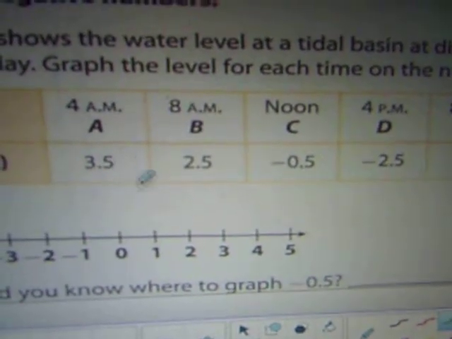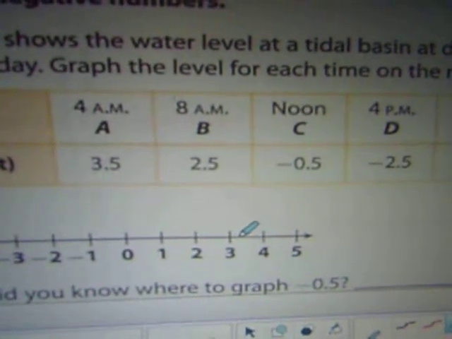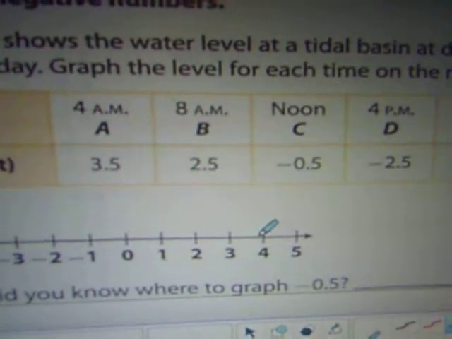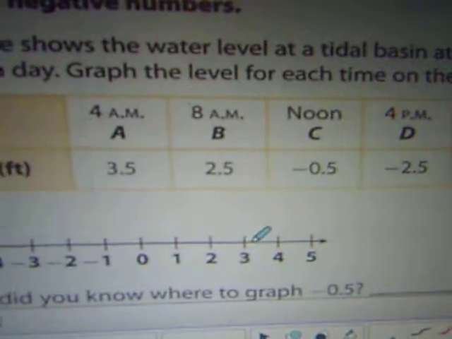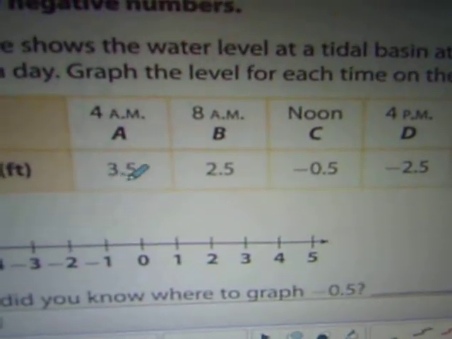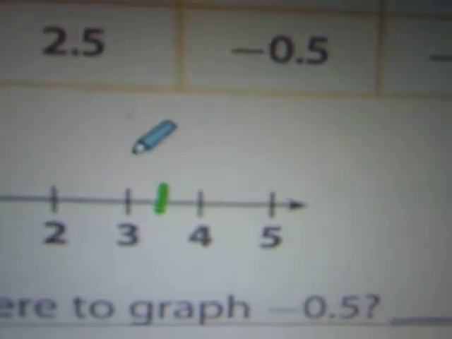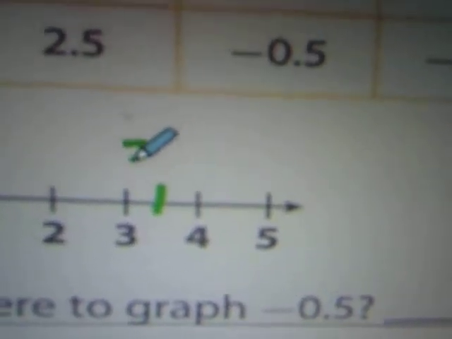Then we have to move 5/10 more. So the student can either mentally think of the 10 little spaces in between 3 and 4, 3.1, 3.2, or they could recognize that the decimal of 0.5 comes halfway in between the 3 and the 4. So right here will be positive 3.5.